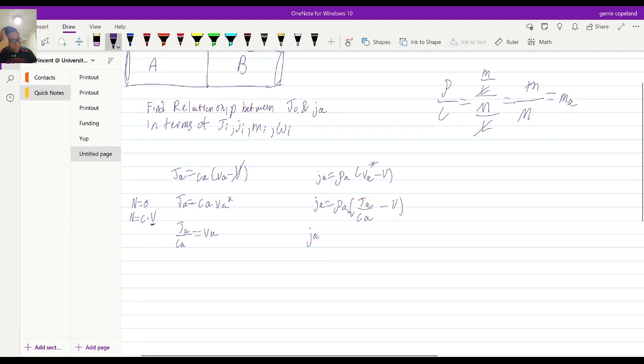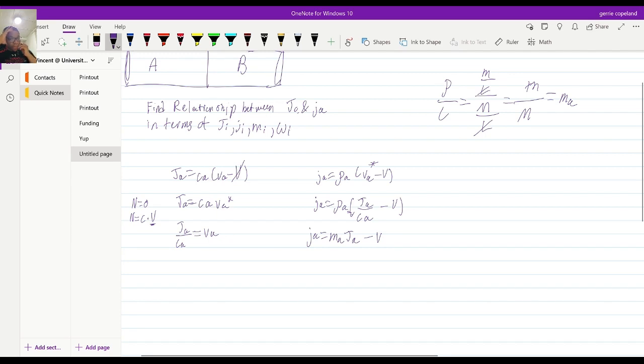So it's going to become the molecular weight of A times the molar diffusive flux minus the mass velocity.